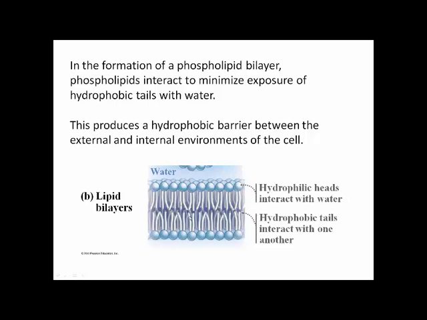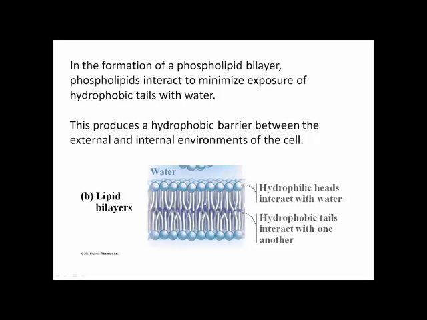The orientation of the phospholipids, with the tails pointing toward each other and the heads pointing out to water, creates a hydrophobic barrier between the external and internal environments of the cell. This hydrophobic barrier prevents the passage of most things that are polar, all things that are charged, and allows the passage of even fairly large hydrophobic or non-polar molecules.